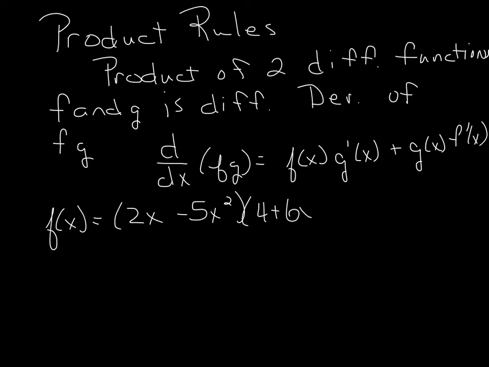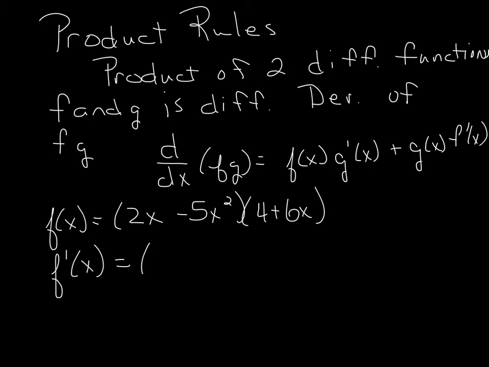Now obviously you could FOIL this, but there's times when that is not a convenient option. So remember, we always want to label our derivative. We're working on the derivative, so it's no longer f of x, it's f prime of x.